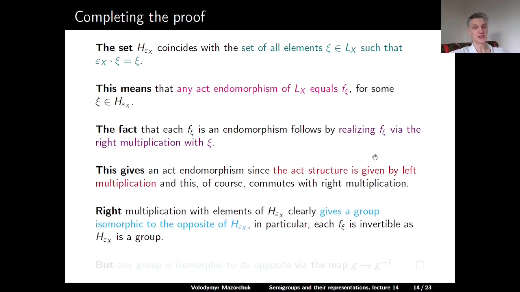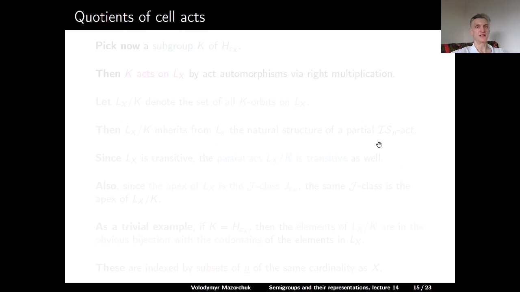And right multiplication with elements in our group, the H class of epsilon x, gives a group which is isomorphic to the opposite of H epsilon x. So in particular, each f xi is an invertible element because we have a group, but of course any group is isomorphic to its opposite group via the map which sends an element to its inverse, and this completes the proof of our proposition.